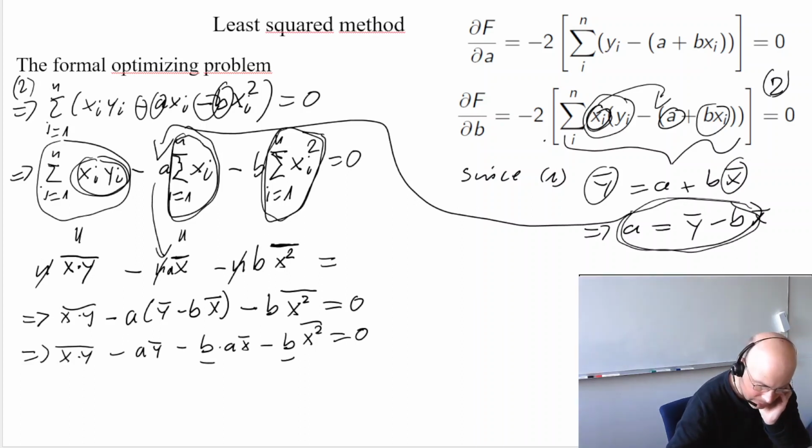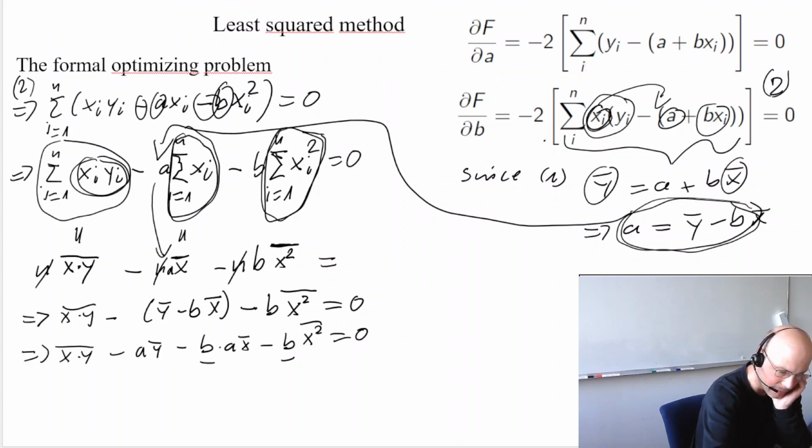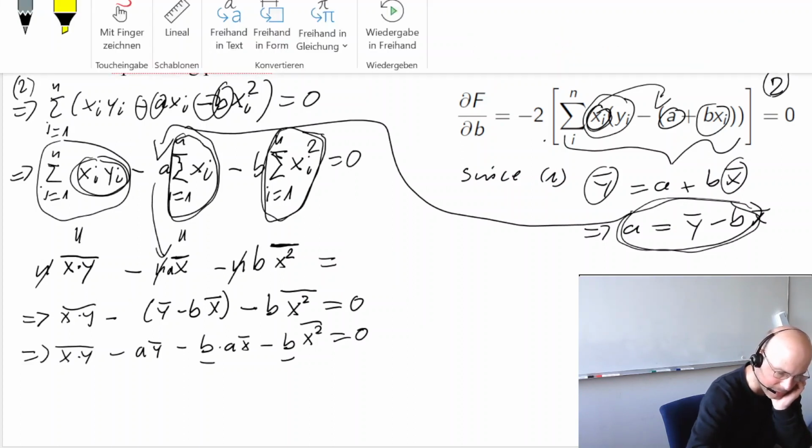Sorry, here I did something wrong. What did I do wrong? This does not have to be an A, but an x bar, of course.